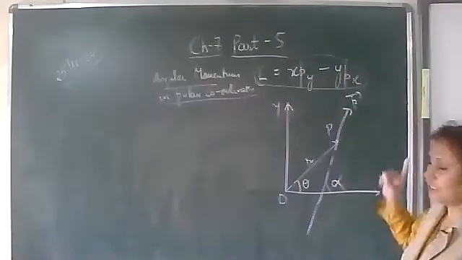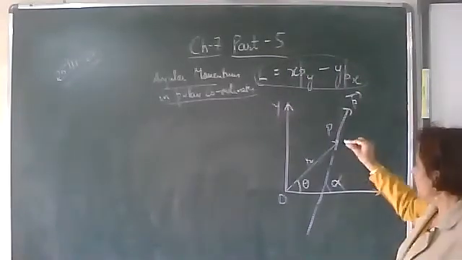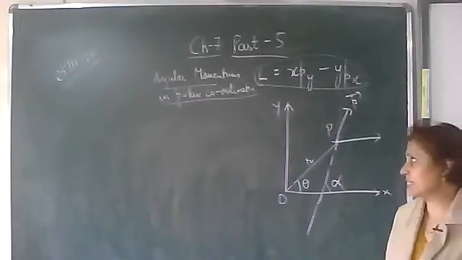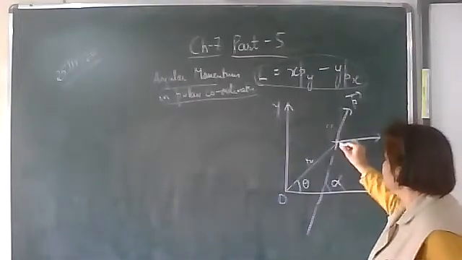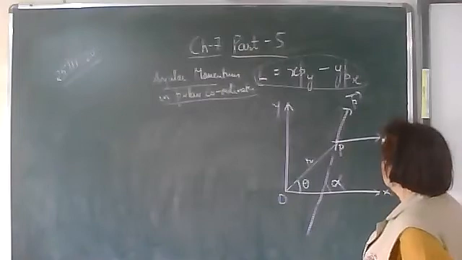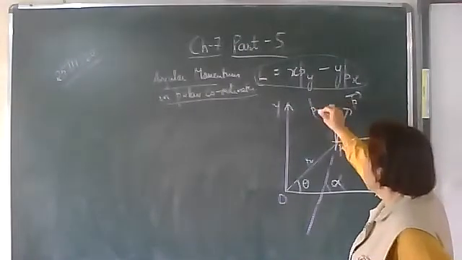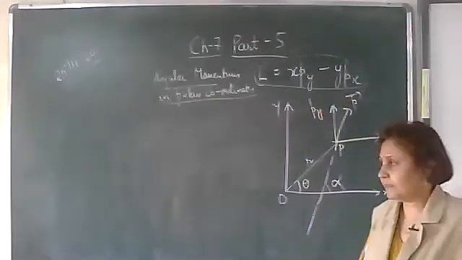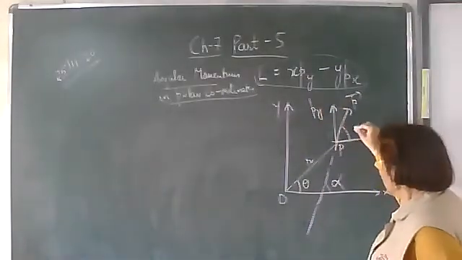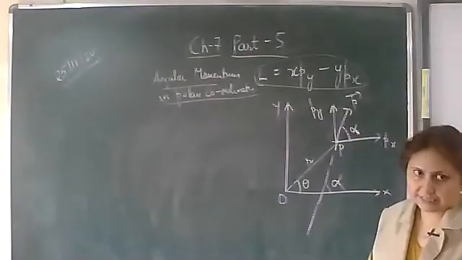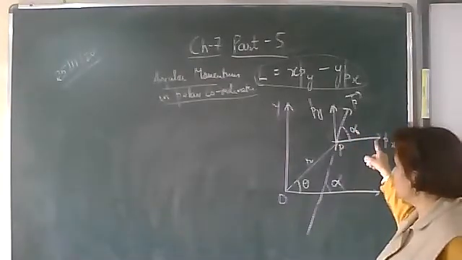Now we'll proceed in the same manner. Let us resolve this linear momentum along the x and y axes. This component is px, and perpendicular to px is the y component py. The momentum p makes an angle alpha with the horizontal direction.